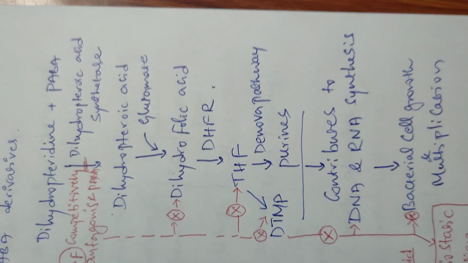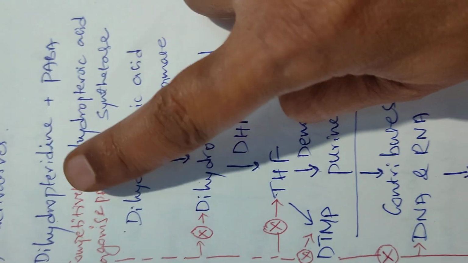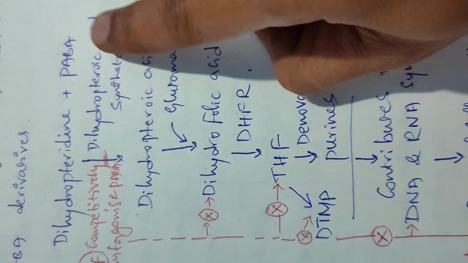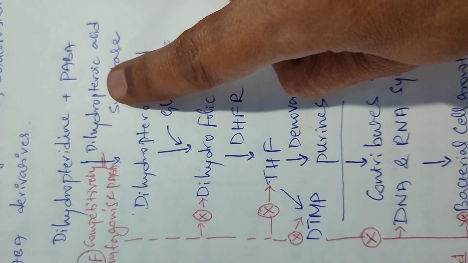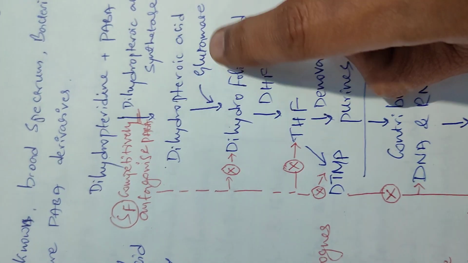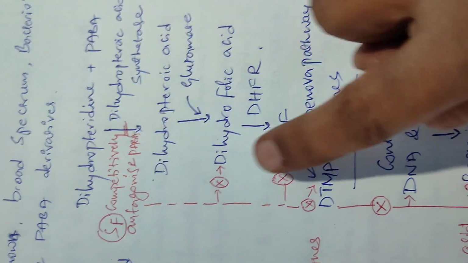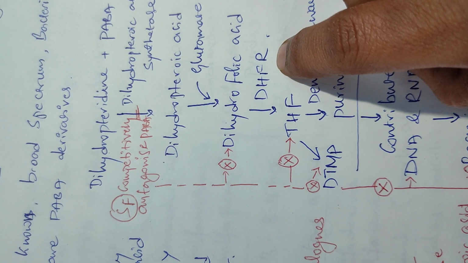This can be represented schematically like this. Let us start from the first step. Dihydropteridine combines with PABA in the presence of the enzyme dihydropteroic acid synthetase. Then you get dihydropteroic acid. This combines with glutamate, and then there is formation of dihydrofolic acid.